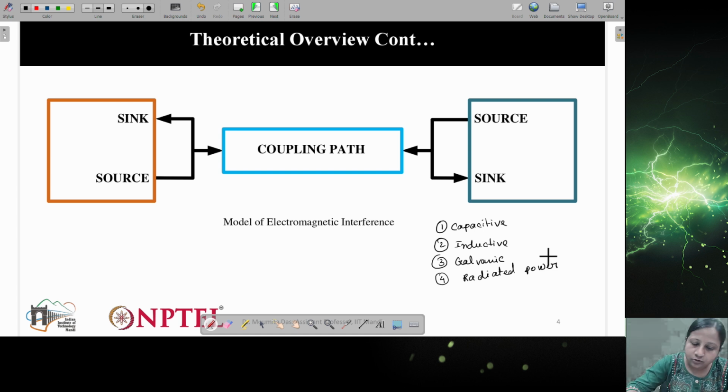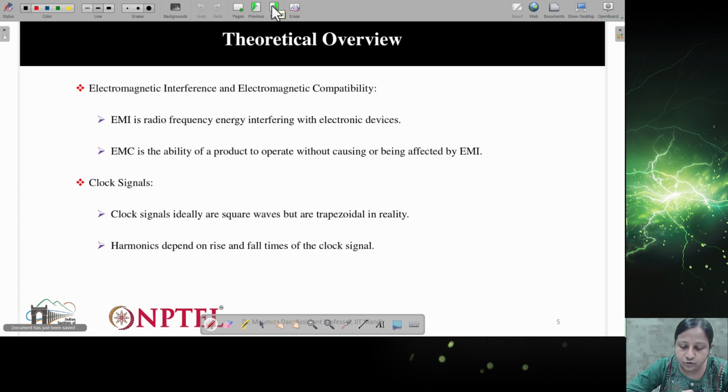Okay. So these are different components which generally affect the PCB board. I have listed all these components, and also discussed them earlier. The first thing is electromagnetic interference and electromagnetic compatibility, basically EMI or EMC.